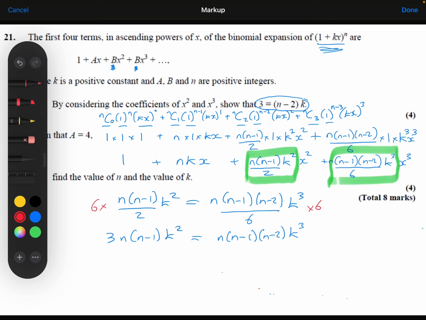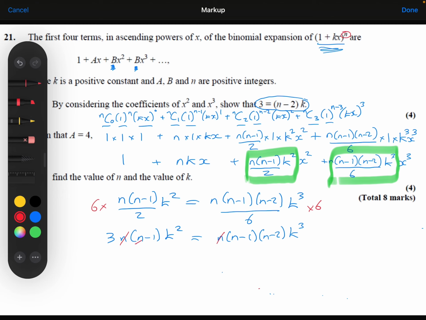Next, I can divide both sides by n. I'm allowed to do that because I know for a fact that n can't equal 0. If n equals 0, it would be a silly expansion, since (1 + kx)^0 would just be 1.